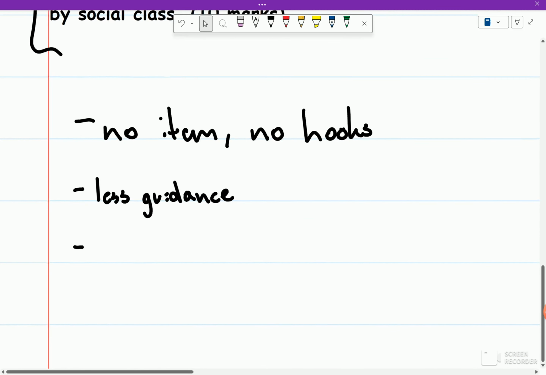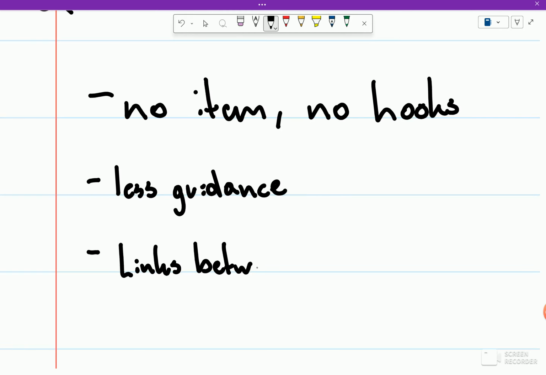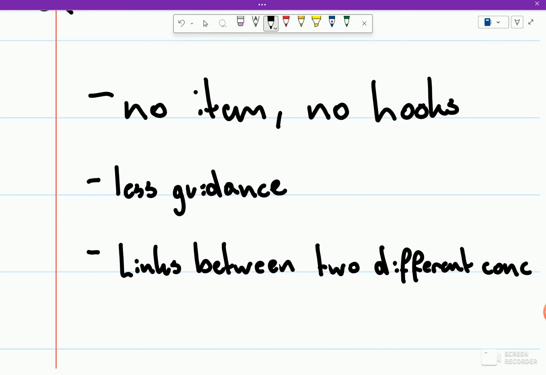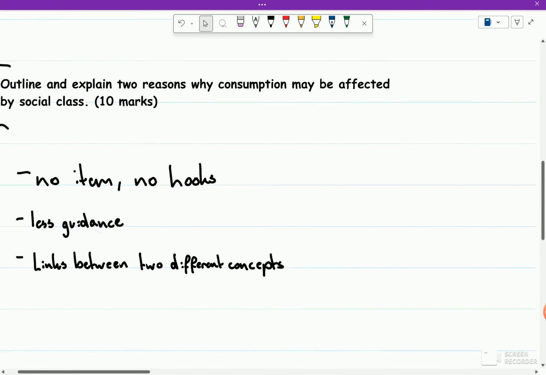So, let's see here. How could we write this? Links between two different concepts, and then how one influences the other.